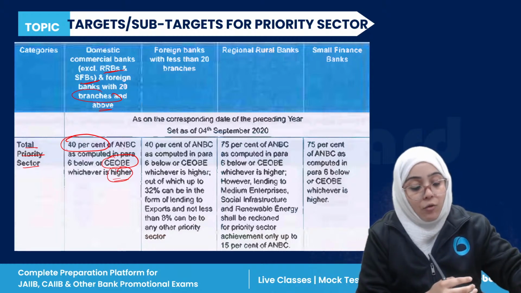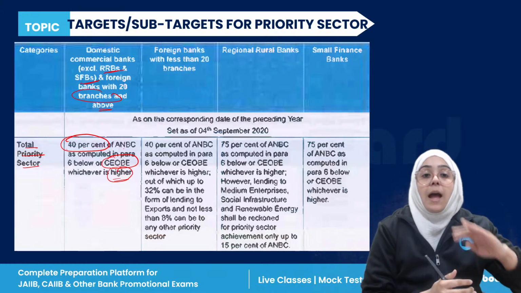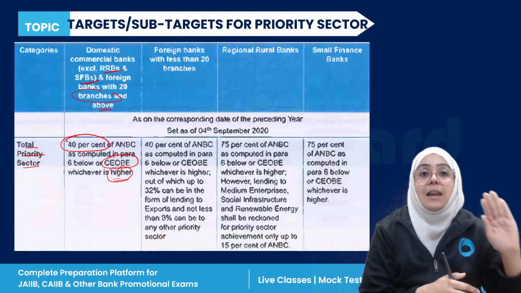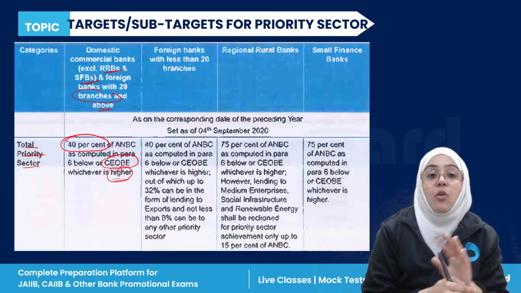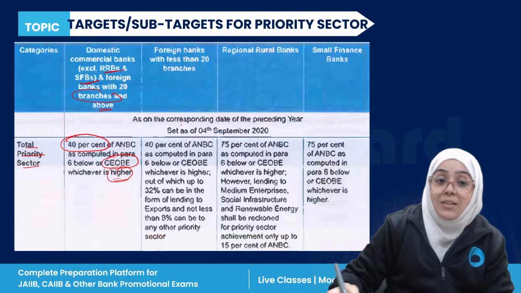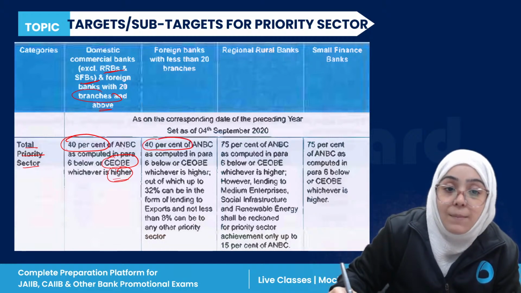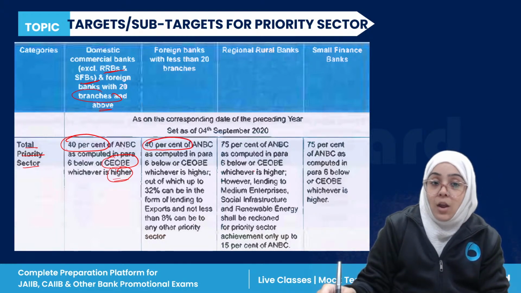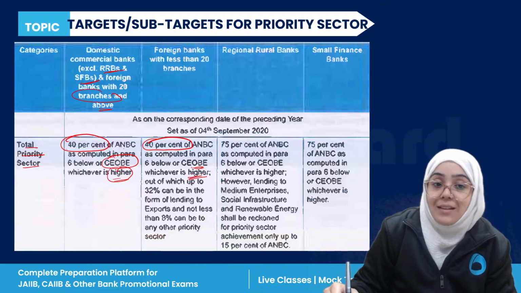Now, if there are foreign banks which have less than 20 branches, you have to lend 40% of ANBC or CEOBE, whichever is higher.